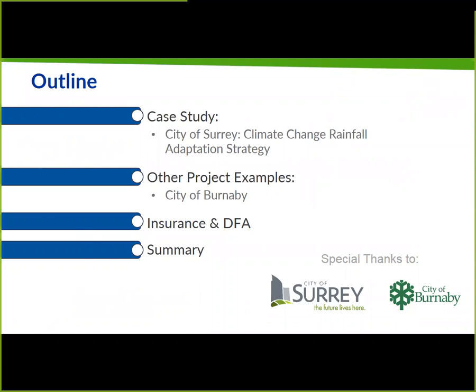And there's a few spots where I'll also talk about a City of Calgary project as well. At the end, if we have time, I'll talk a little bit about insurance, particularly overland flood insurance and the disaster financial assistance program in an example setting. And then we'll have a short summary and some time for questions at the end.